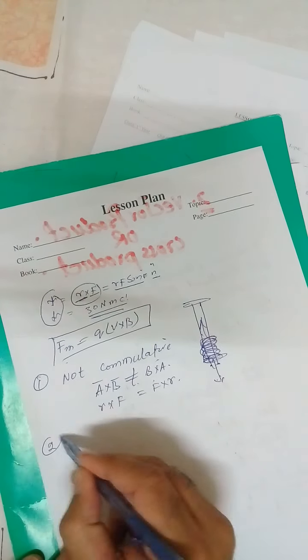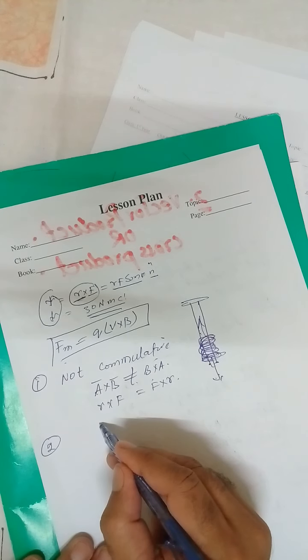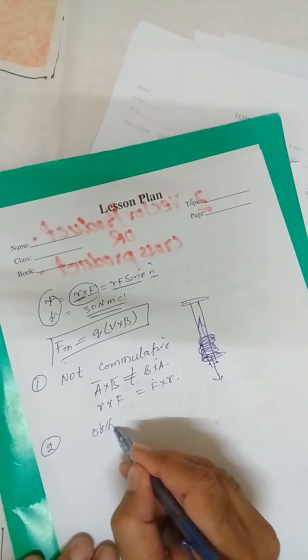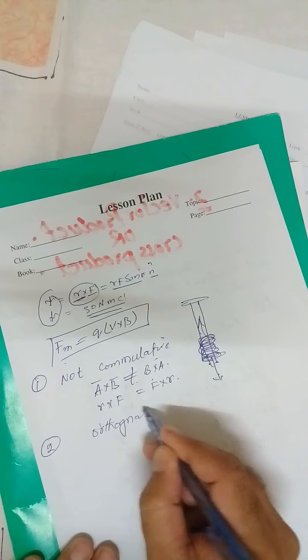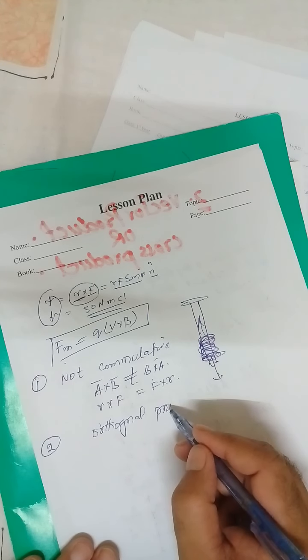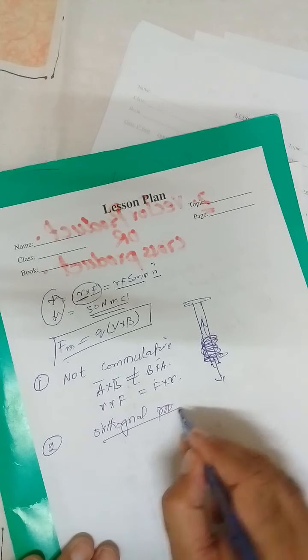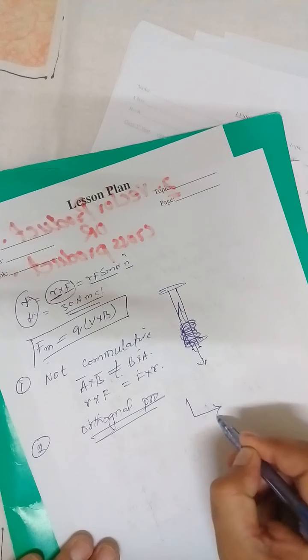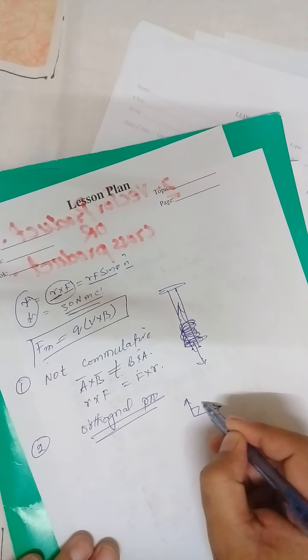Number two, if two vectors are at right angle, the orthogonality property. We say if two vectors are at right angles, the two vectors are orthogonal. Let's say this is vector A and this is B and the angle is 90.